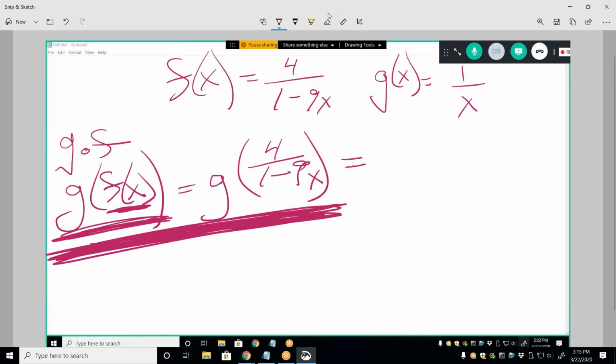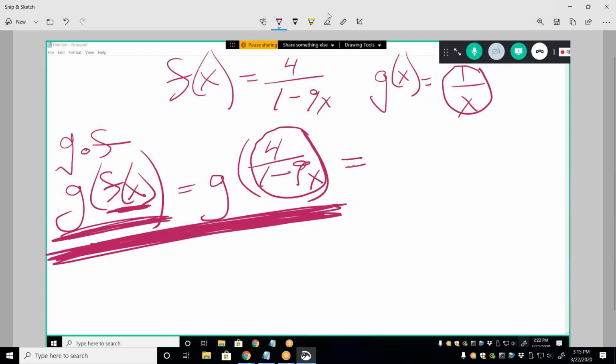So what is that equal to? 4 over 1 minus 9 times 1 over x, and we're going to substitute what's inside the parentheses wherever we see x in the g function. In other words, here's what's inside the parentheses.